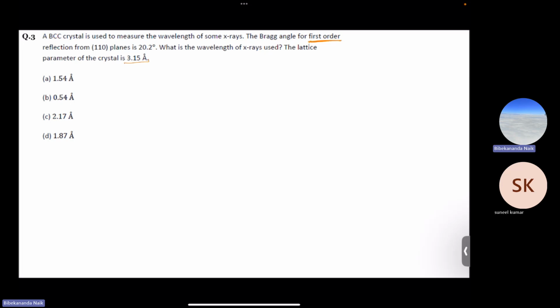What is the wavelength of the X-rays used? The lattice parameter of the crystal is 3.15 angstrom. The options are option A 1.54 angstrom, option B 0.54 angstrom, option C 2.17 angstrom, and option D 1.87 angstrom. I'll give you a few minutes to try this question, and after that we will discuss how to calculate the wavelength of the X-ray used in this diffraction method.